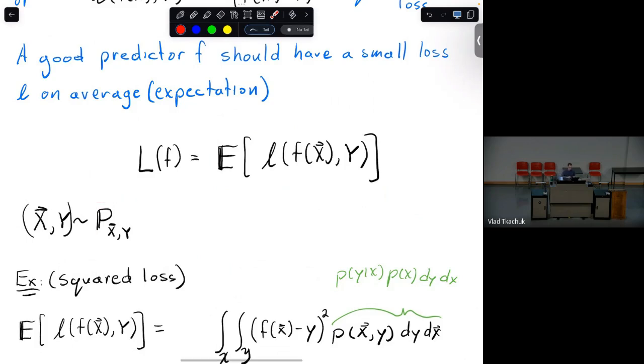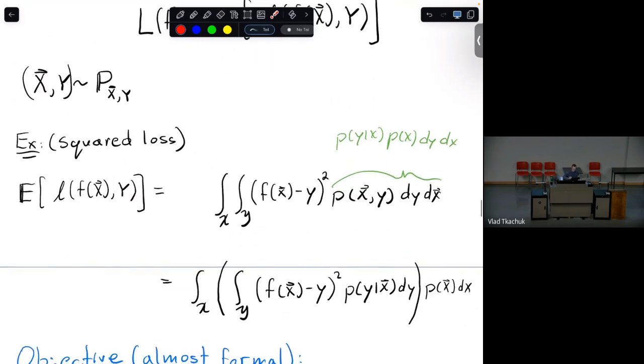To compute it, we would have to use this PMF, or sorry, here, the PDF, and do these integrals. But no one's giving us the PDFs, at least not in our problem setting. Maybe you can define some other weird setting where someone gives this to you, then you just compute this thing and you're done. But in our problem setting, we don't have access to this. What we do have access to is some data that came from this distribution. And so here's the whole machine learning part.